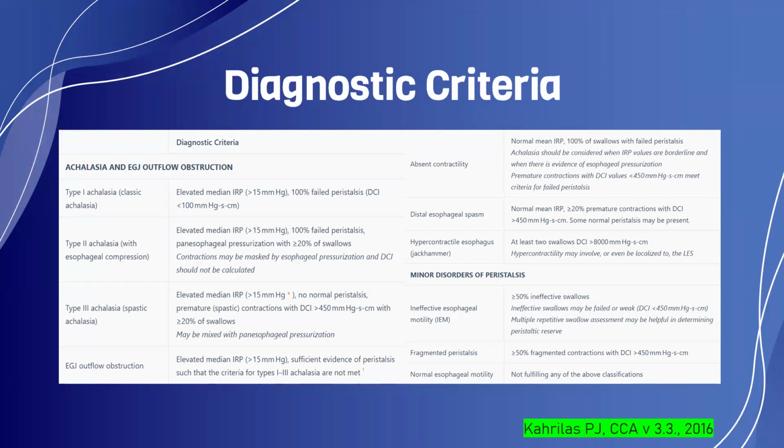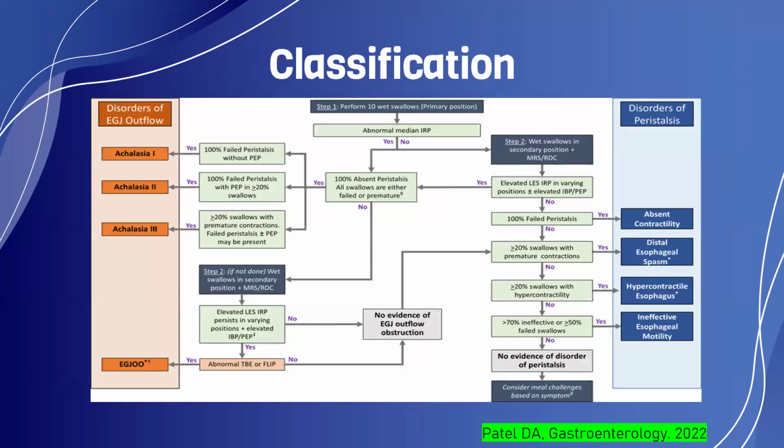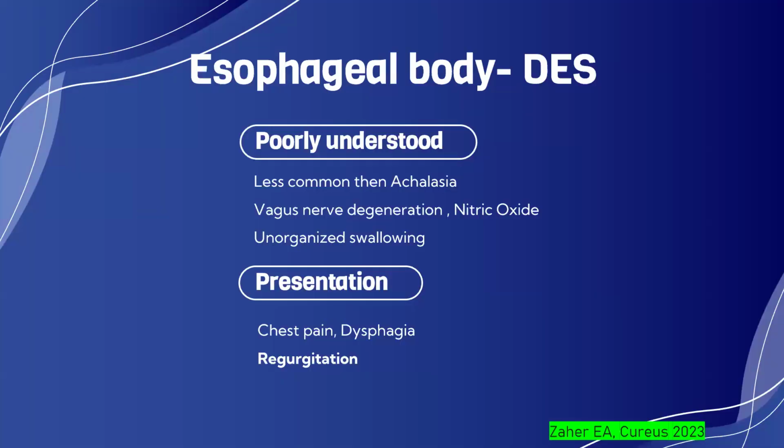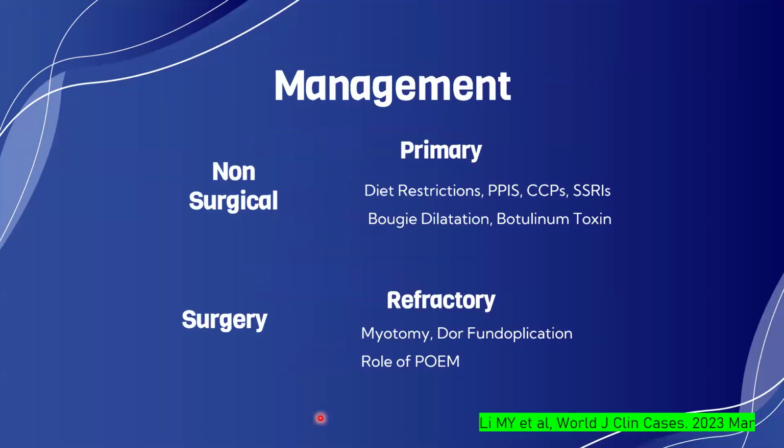I thought the corkscrew esophagus comes in diffuse esophageal spasm. Samir, you have anything on that? I think they've changed the terminology, sir. Earlier it used to be called diffuse esophageal spasm. I think 3.0 was the diffuse, sir. Now they have changed it in the latest to distal esophageal spasm. Yes, sir. Hello? Yes, sir.